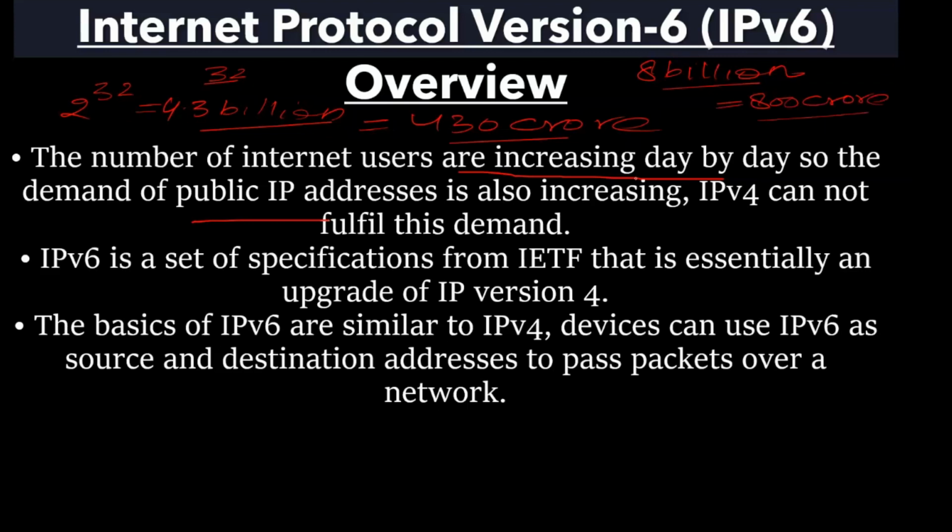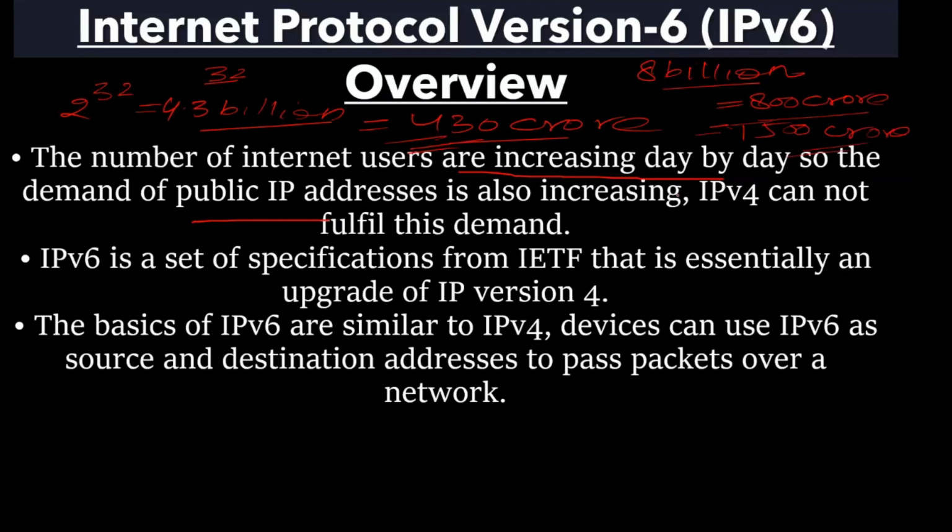And every person has more than one IP address available, meaning more than one SIM, more than one mobile, and a broadband connection also. So to fulfill the requirement of IP addresses over the internet for the whole world, we need about 1500 crore IPs. That is not possible with IP version 4.